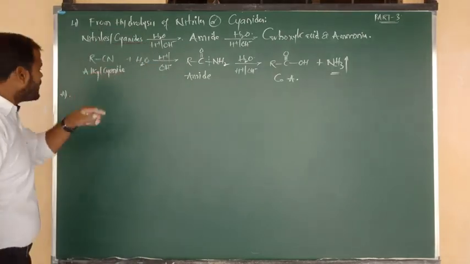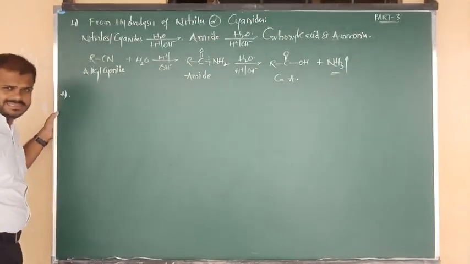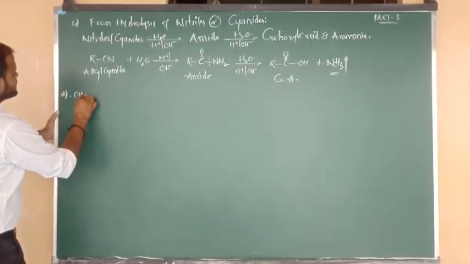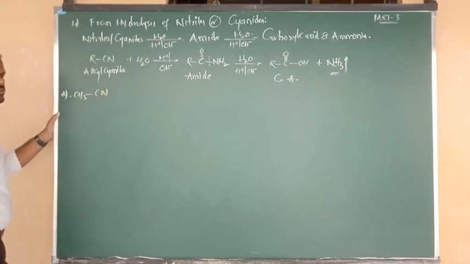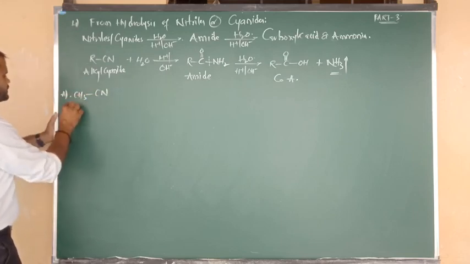So let me first write the preparation of aliphatic acid, that is acetic acid, meaning R is replaced by CH3. Example 1 is CH3 bonded to CN. What is the name of this compound? Methyl cyanide.